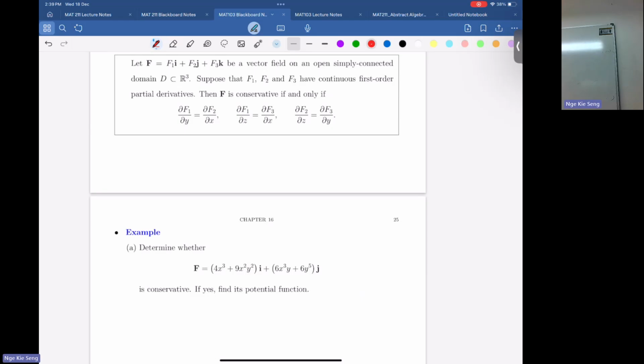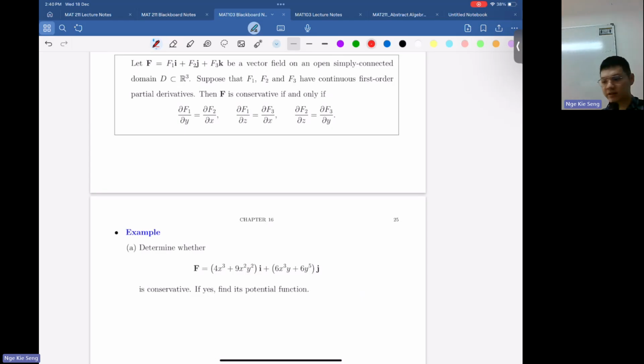And any more? Line integral on closed curve. Okay, although it is simpler, it is still a bit difficult, because you have to parameterize all the closed curves. Okay, what we just taught, you just need to check the partial derivative.